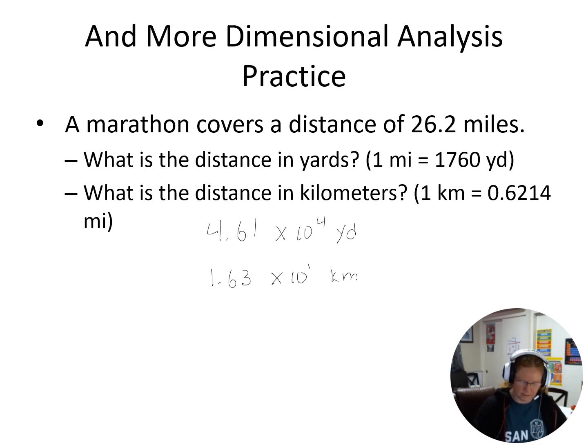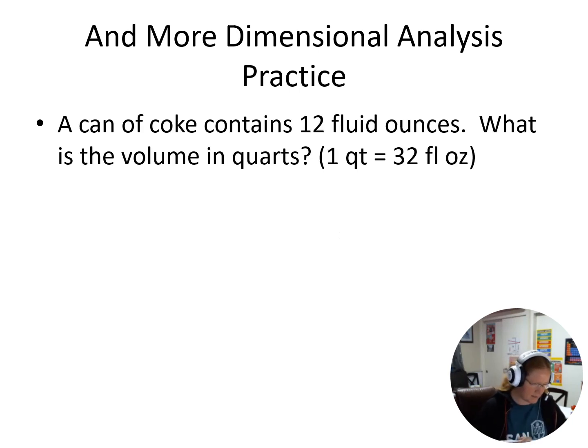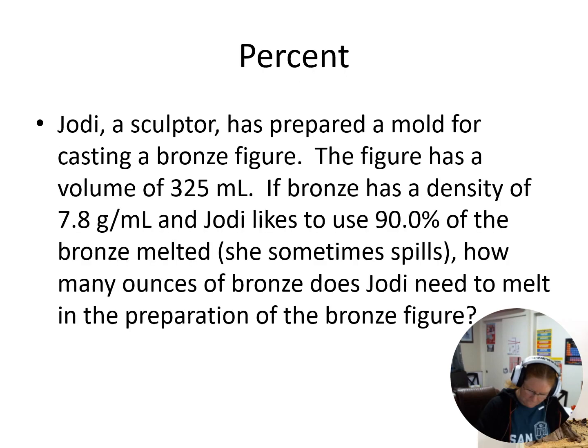All right. Up next, we have a can of Coke. Fluid ounces is going to be 0.375. Back. So that last one was supposed to be 0.375 quarts in the fluid ounces.